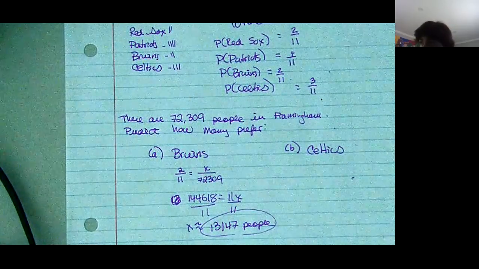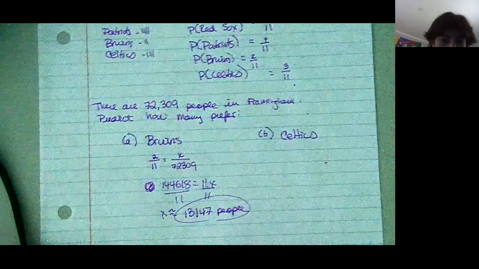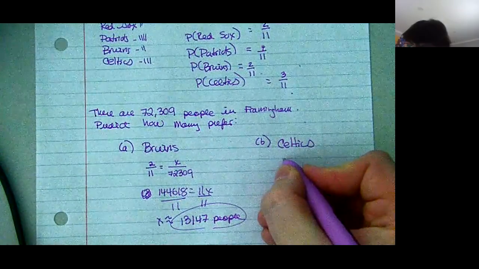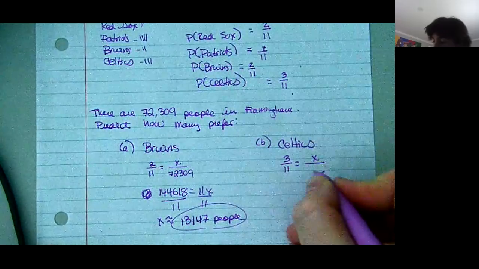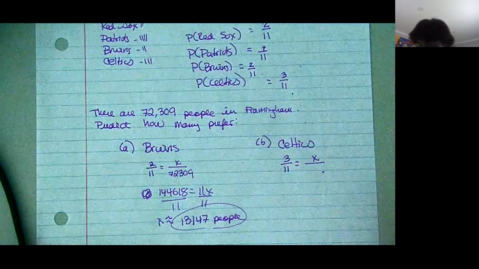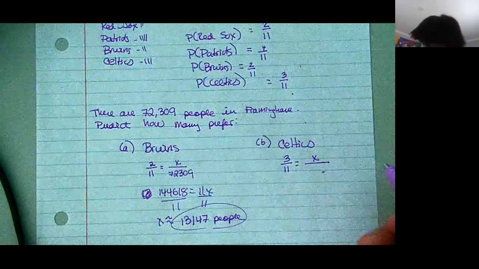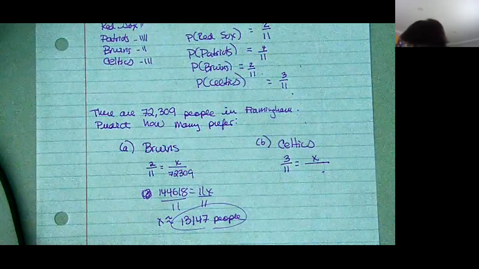Possibly. Maybe. Tyler, how about you tell me how you set up the Celtics one? I had 3/11 and then X over 13,147. Oh, I don't think you mean that. I think X needs to be over the total number of people in Framingham, not the last answer we got. Oh, yeah, hold on.